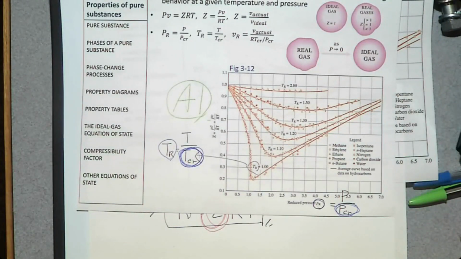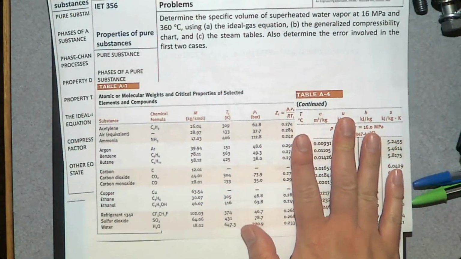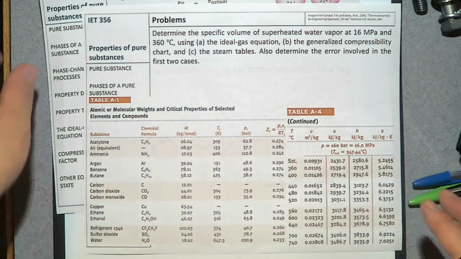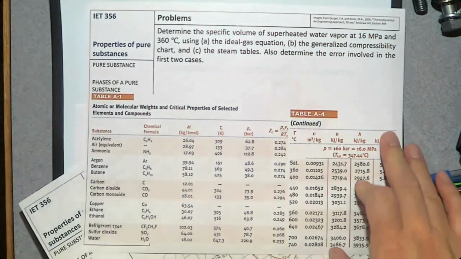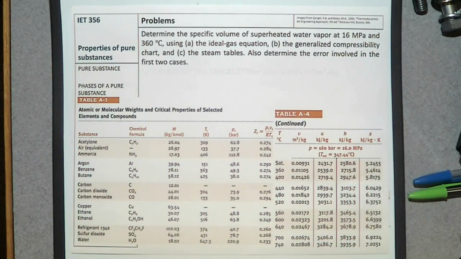Let's solve one problem together to learn how to determine this compressibility factor, and then evaluate a property. So we have superheated water vapor for our system, and we are going to evaluate the specific volume of this superheated vapor by using three different methods.